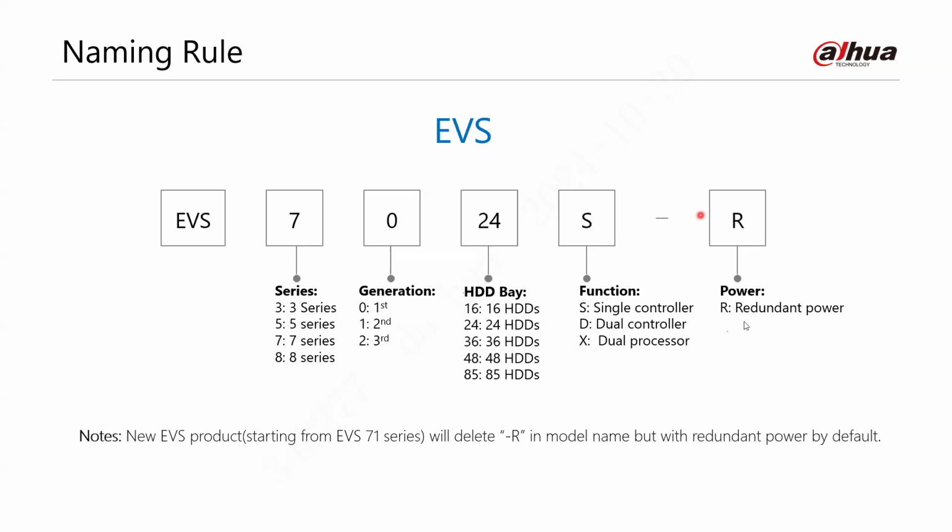We have R supporting redundant power. Not all models will have redundant power. If it's plain without this, for example, 724S, that shows it does not support redundant power. But if it has a dash R, it shows that the device supports redundant power.